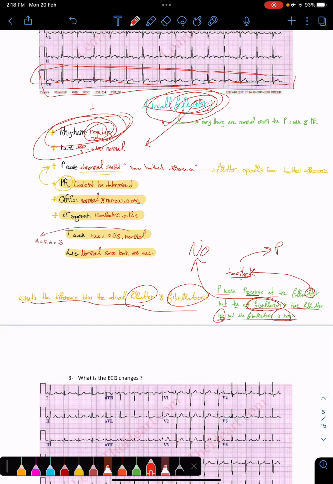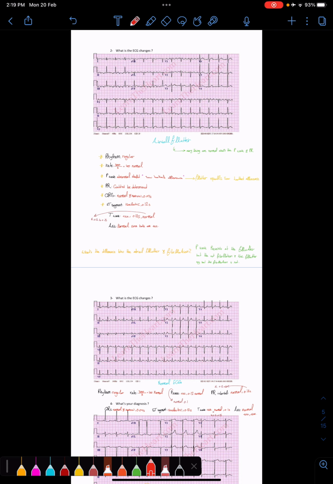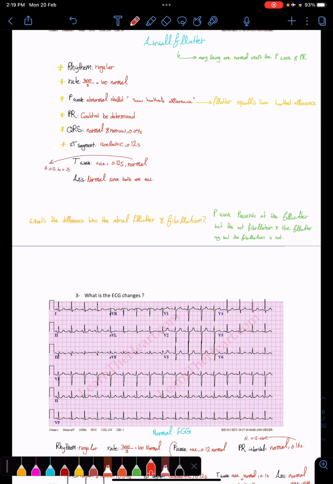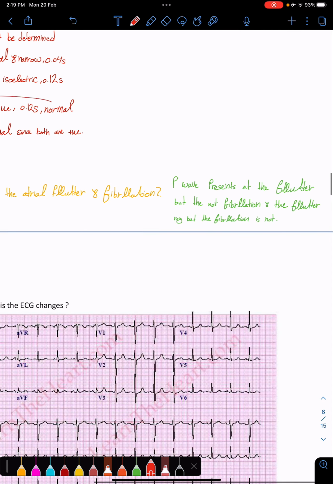This is about the rhythm, rate, P wave, and everything else being normal. Let us recap what we've said. The main difference is in the P wave and in the rhythm.